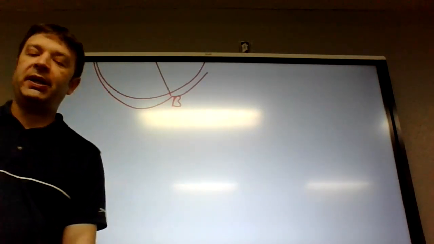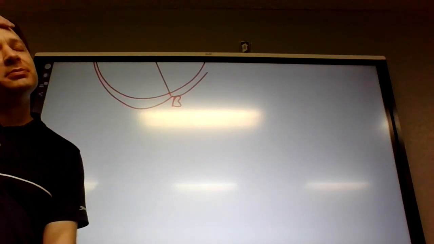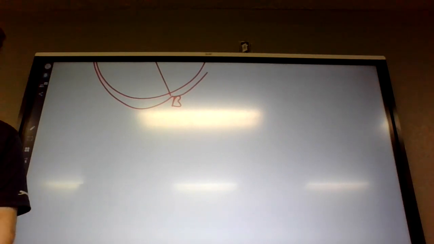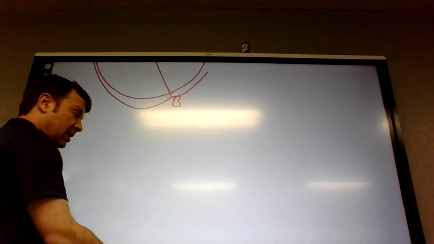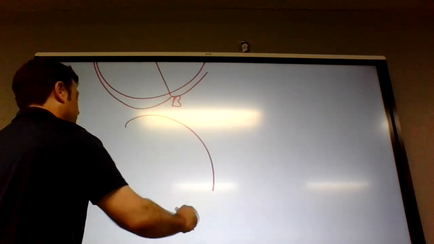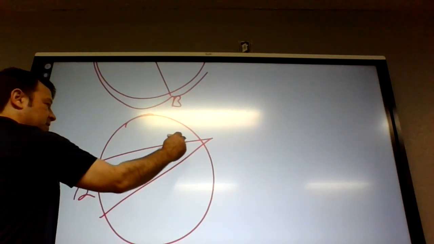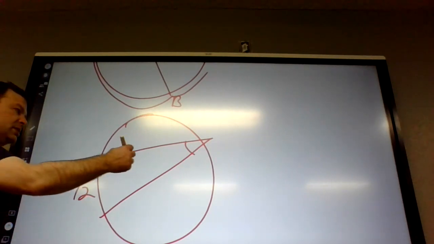So if we did 180 minus 108, that would give us arc JK is 72 degrees. And if arc JK is 72 degrees, how do we find the inscribed angle? Divide by 2. 36.